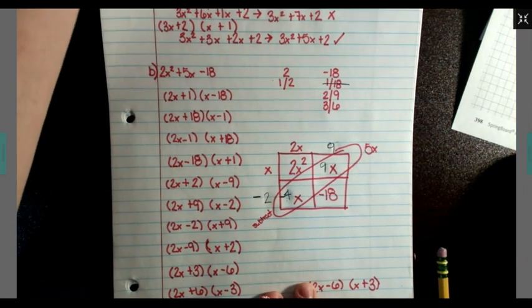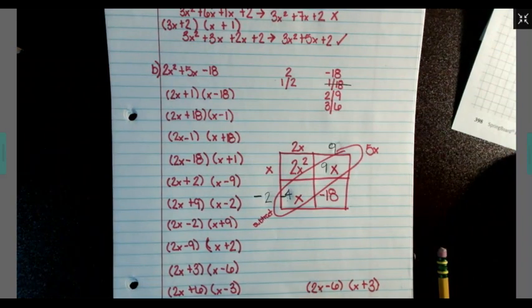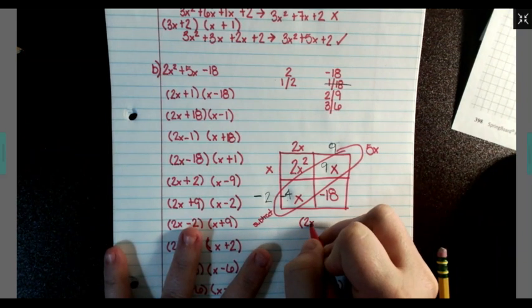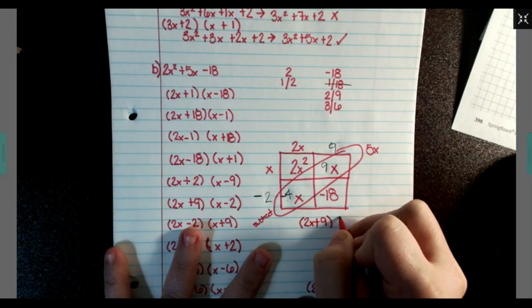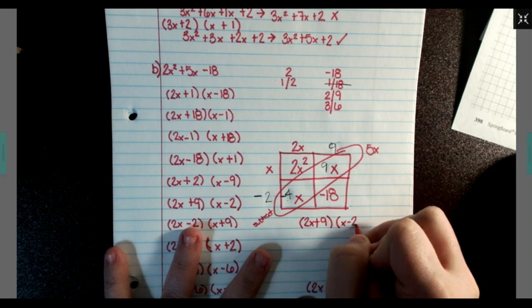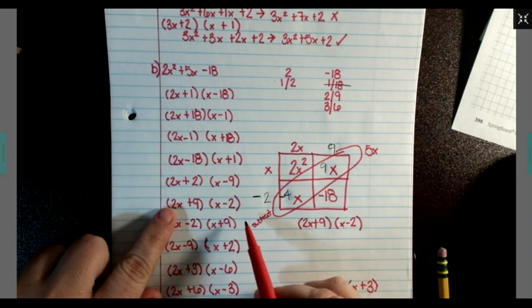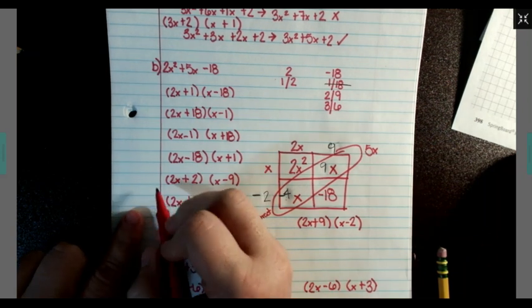So my factors here would have been 2x plus 9, x minus 2, which I would have eventually got to, but that was this option way down here.